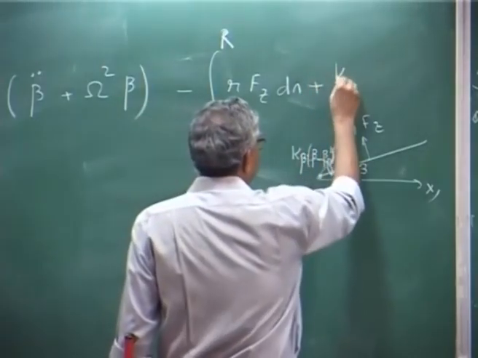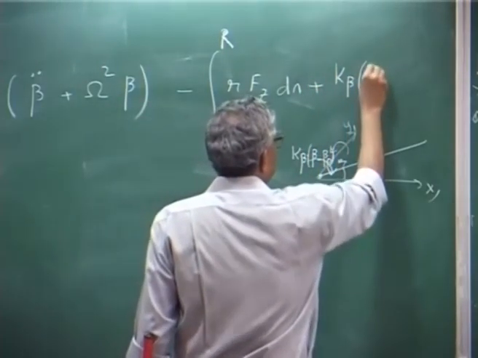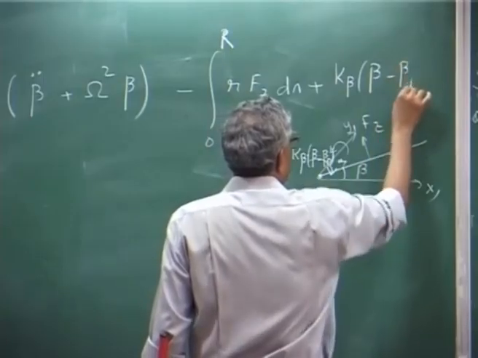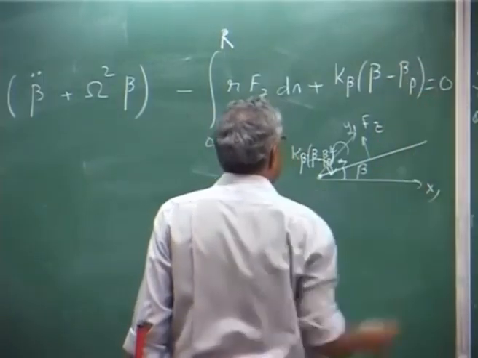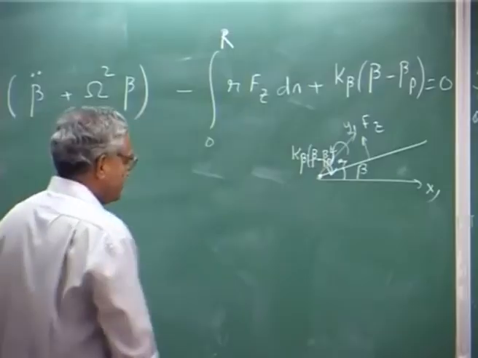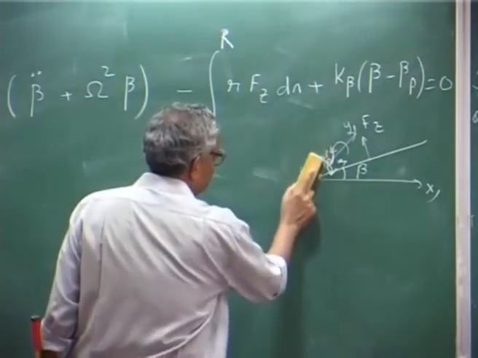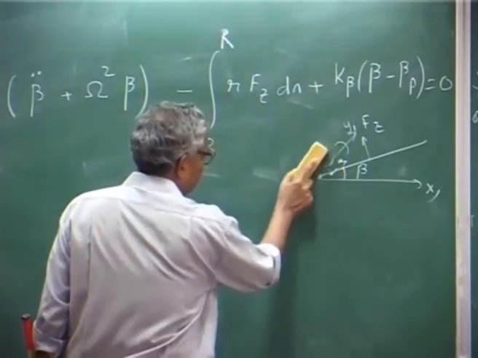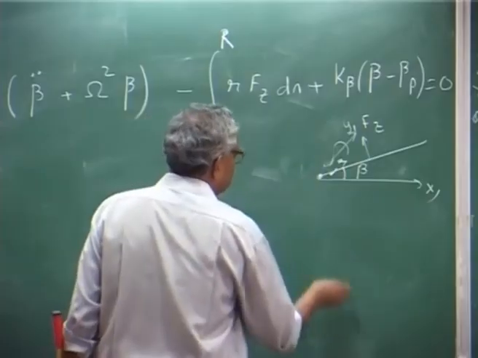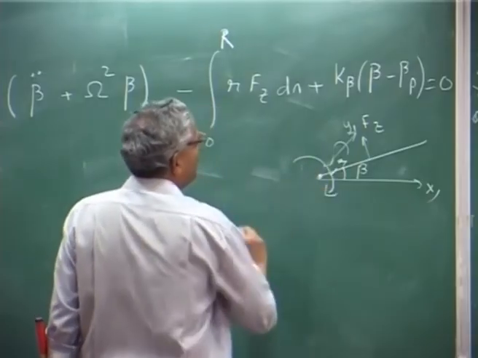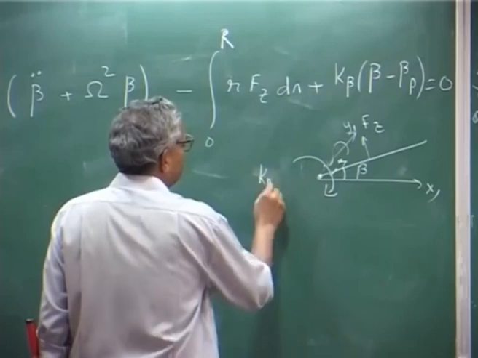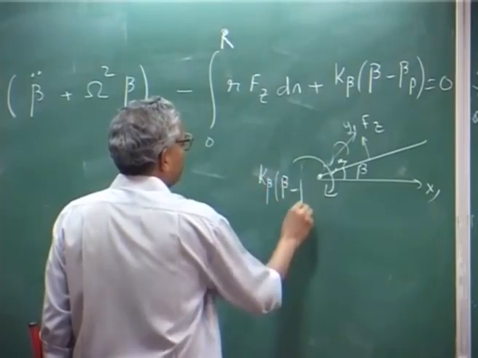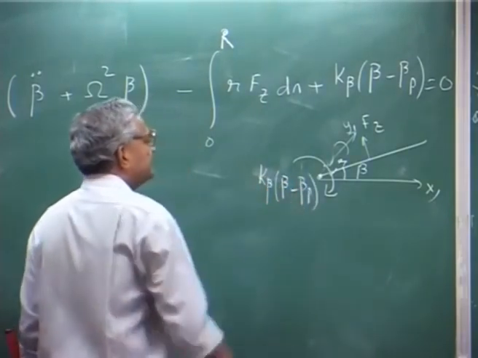So, I add K beta into beta minus beta p, that is all. So, this is my equation. Maybe I should put it a little clearer. You will have a spring moment, okay.